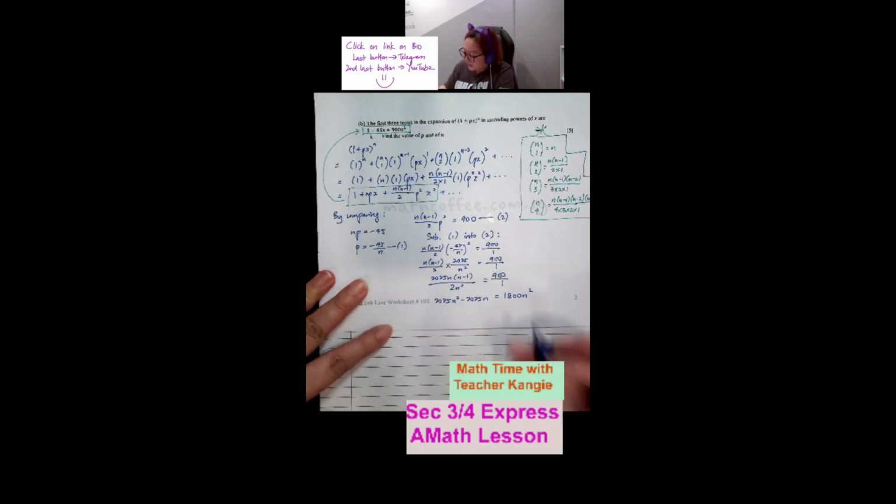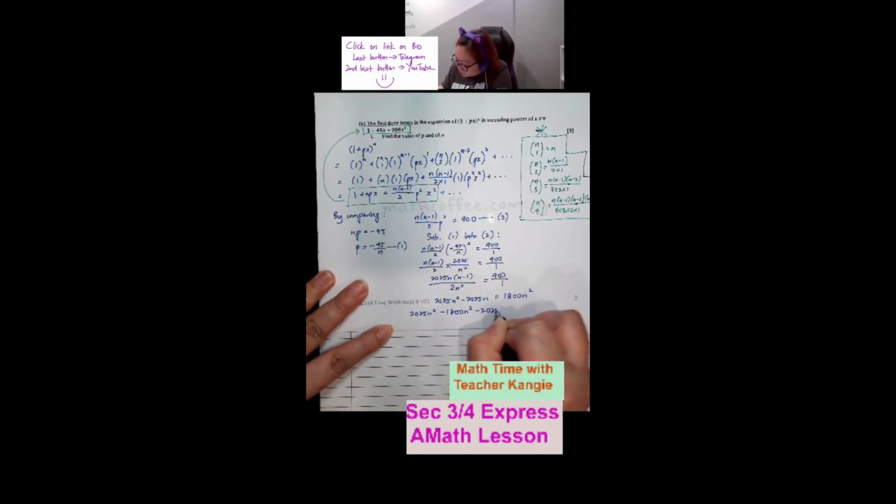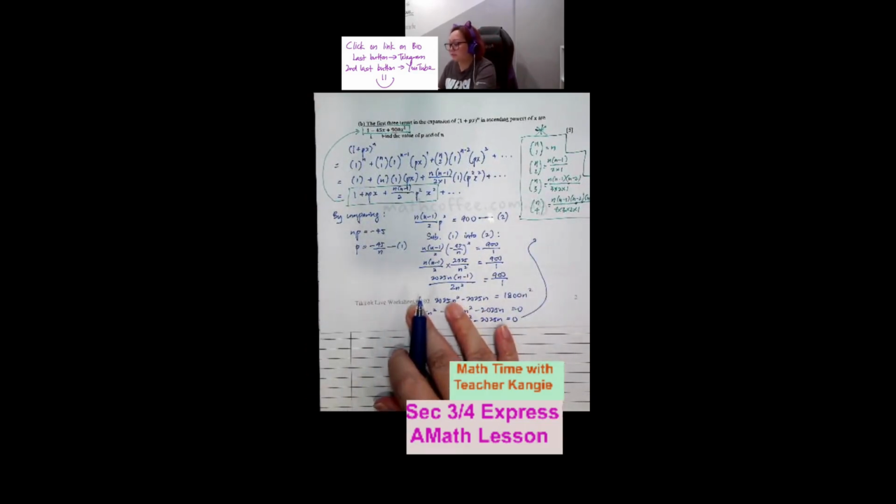So you will have 2025n squared minus 1800n squared minus 2025n equals 0. So I end up having 225n squared minus 2025n equals 0. Let's continue here.